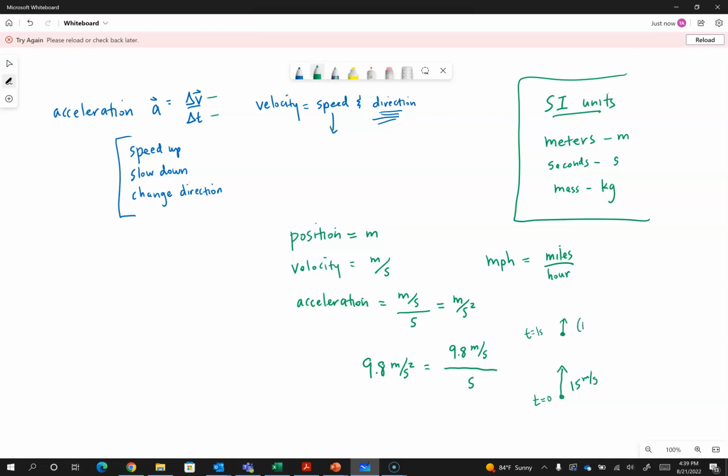Its velocity will be 15 minus the 9.8, so 5.2 meters per second. That's what we mean. For any acceleration at all, the numerical value is how much that velocity is changing by every single second.